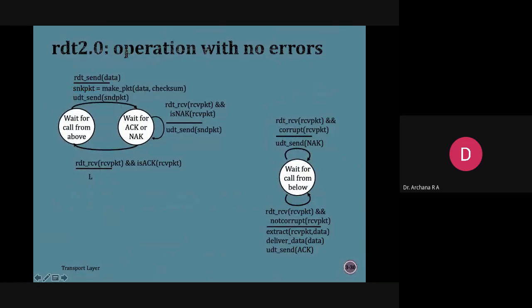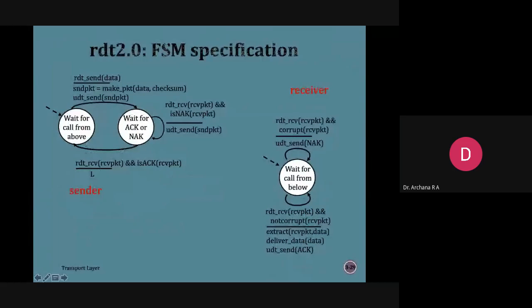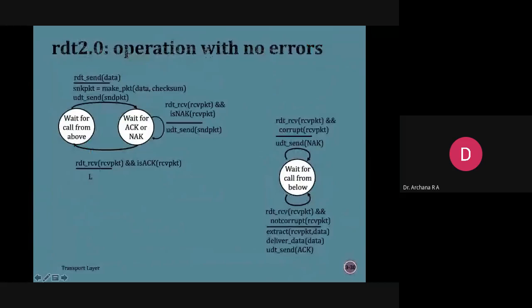RDT 2.0 with no errors. It is the same as above, but here if there are no errors, it doesn't send any negative acknowledgement; only the positive acknowledgement will be sent. Wait for the call from above.